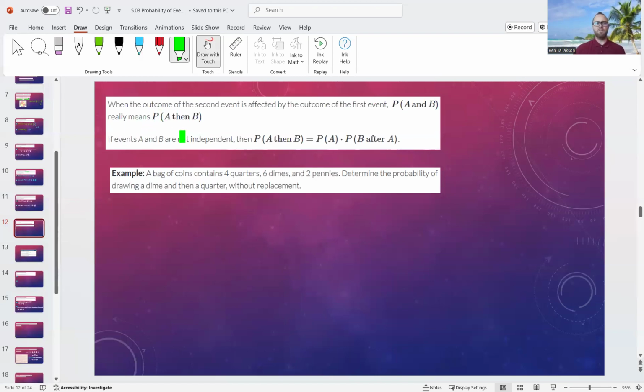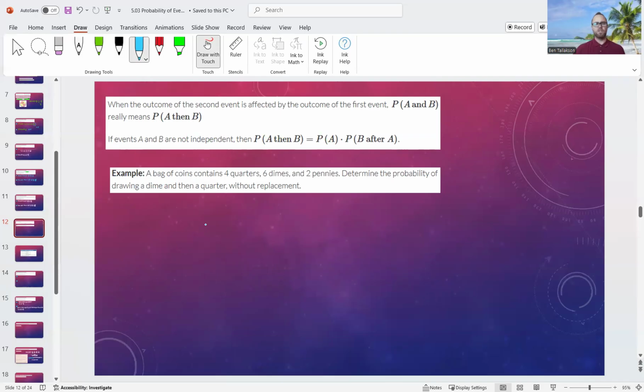Basically, if events A and B are not independent, then the probability of A then B happening is equal to the probability of A happening times the probability of B after A. I know, a little confusing, but let's solve a problem to make it make more sense.